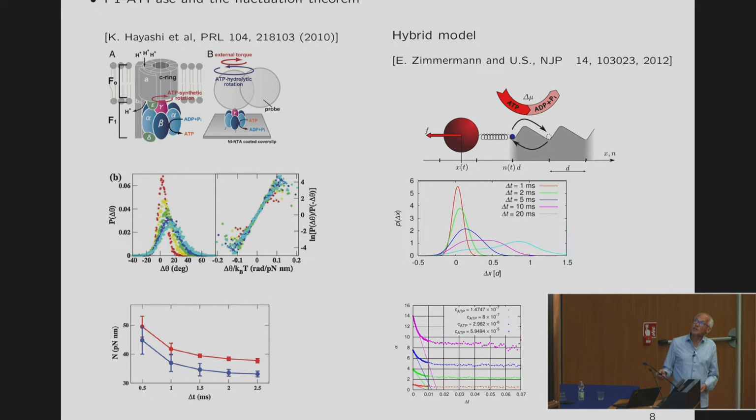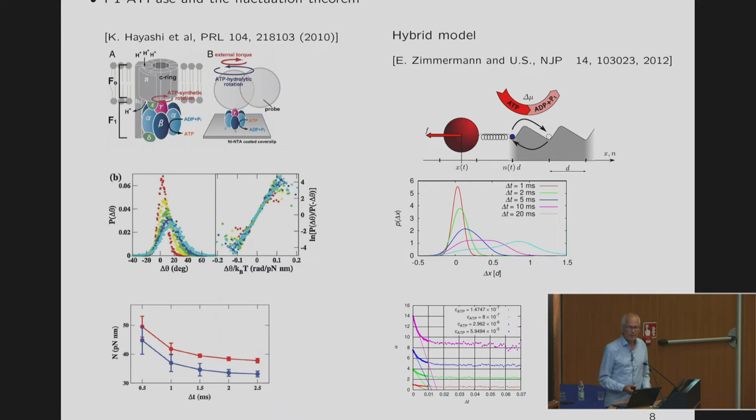So when you transform this insight into a really simple model, just here a linear one for simplicity rather than rotary, you have the motor which does these 120 degree steps upon a hydrolysis of ATP, and it drags along this bead which you measure, and then there's some elastic linker. With this model, you can actually reproduce these data very, very well.